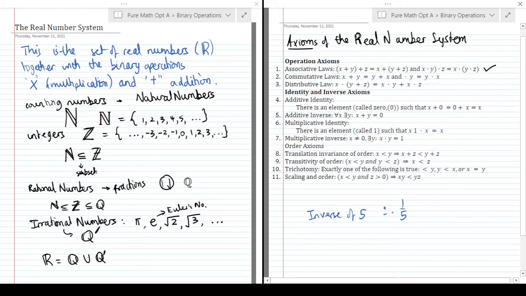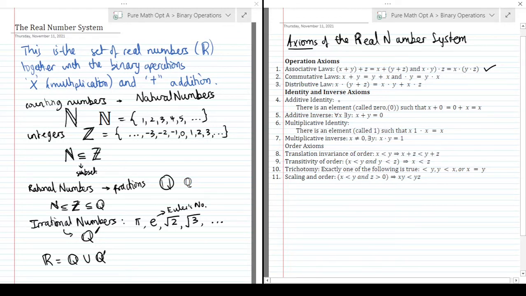But actually, an inverse is a concept that is specific to an operation. So for you to ask somebody what is the inverse of a number, you have to tell them under which operation. So I'm going to skip number 5 temporarily, and jump to number 6.